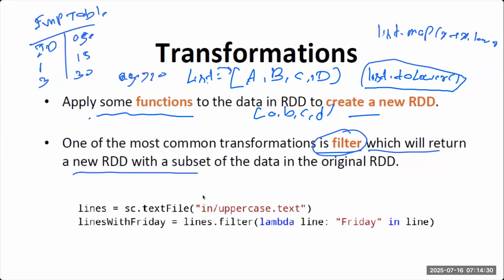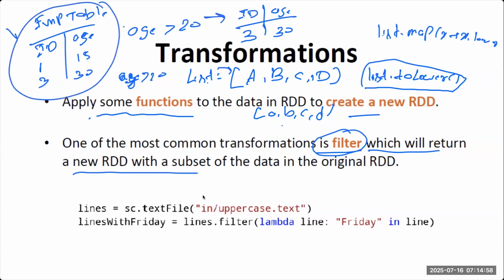Initially, once it reads the data, it will have this RDD. But once I apply the filter of age greater than 20, I get a new RDD where the result will have just ID 3 with age 30. So this is another RDD. Once we perform any transformation like filter, it will return you one RDD; this is one RDD, and after transforming we get another RDD.